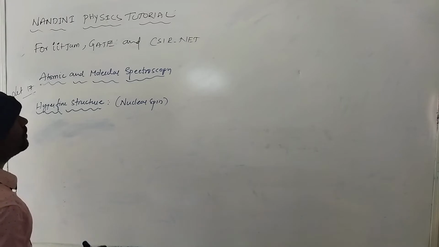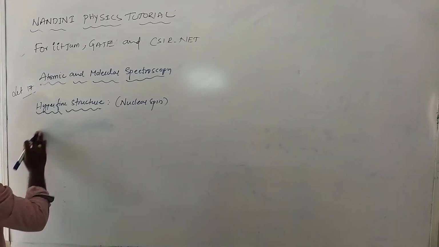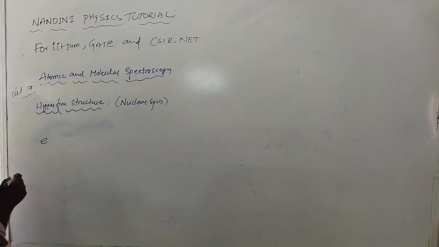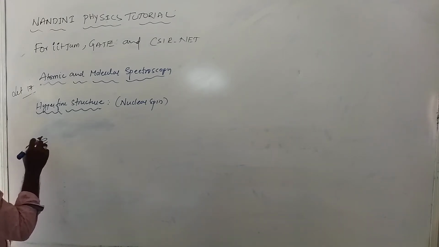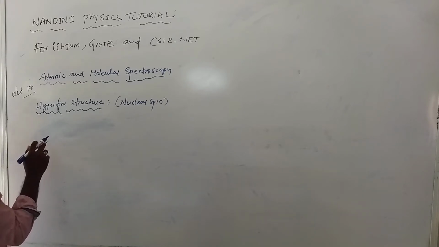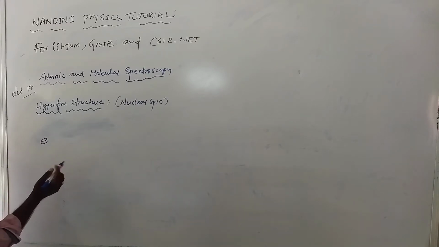First of all, generally the electron revolves around the nucleus. Therefore this electron has orbital motion as well as spin motion.